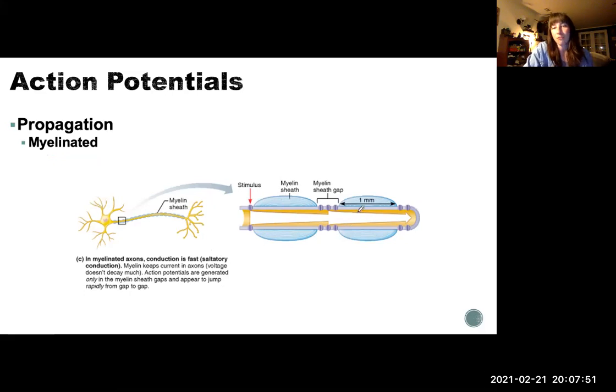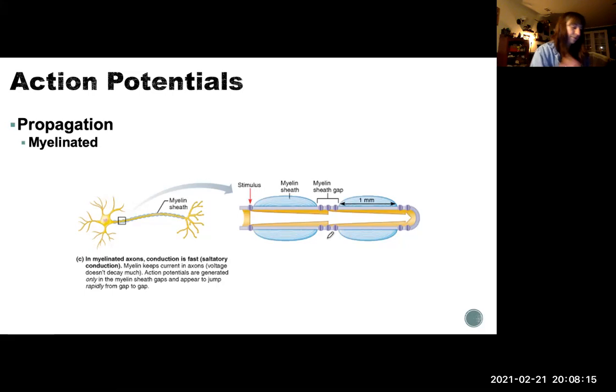So this is in the peripheral nervous system because these signals need to go a long way, right? These nerves of your peripheral nervous system need to travel from the central nervous system, from your spine, all the way out to your extremities or your organs, which is a relatively long distance. So we myelinate, we insulate those axons to let the signal go faster and to not be lost. Okay.